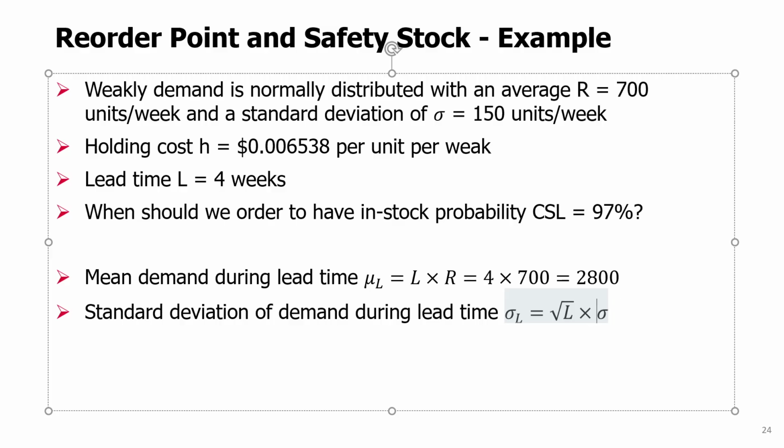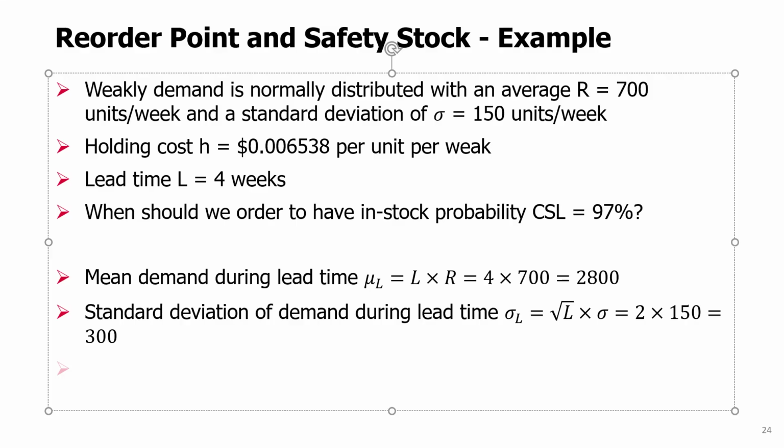Right? So basically, if they are independent, the sigma in 4 weeks is not 4 times the sigma of 1 week. It is actually square root of 4, which will just double it. So it will be 2 times 150 equals 300.